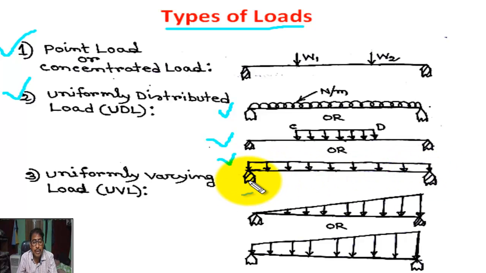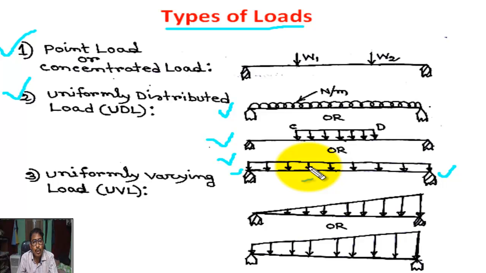The load is uniformly distributed over the length of the beam, or distributed uniformly over a particular length CD of a beam. Here each unit length is loaded the same.